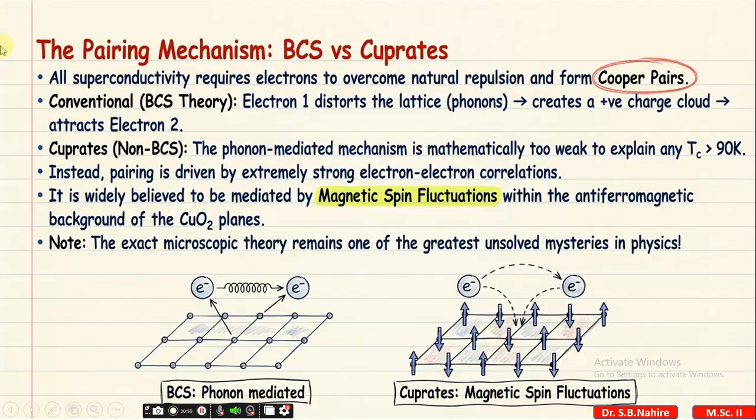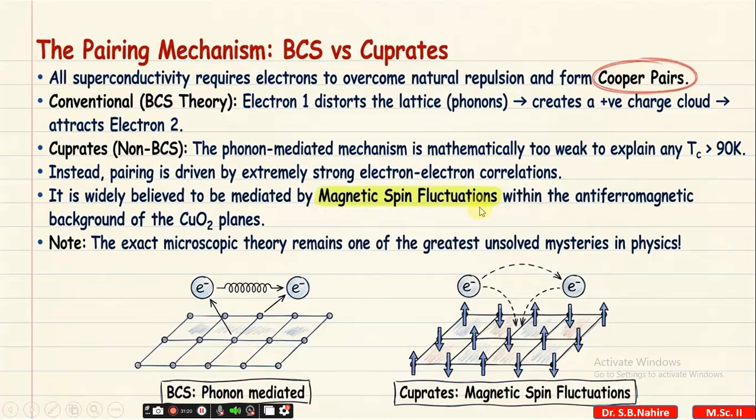Now, let us move to cuprates. Cuprates do not follow BCS theory. The phonon-mediated mechanism is too weak to explain their high temperatures above 90 Kelvin. So, a different mechanism is responsible. In cuprates, pairing is driven by very strong electron-electron interactions. Now, the most accepted idea. This pairing is mediated by magnetic spin fluctuations.